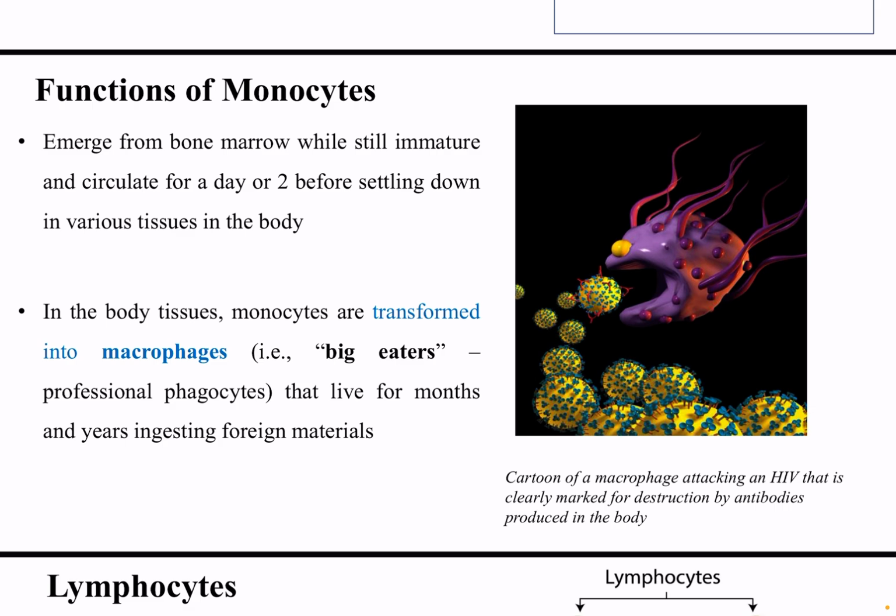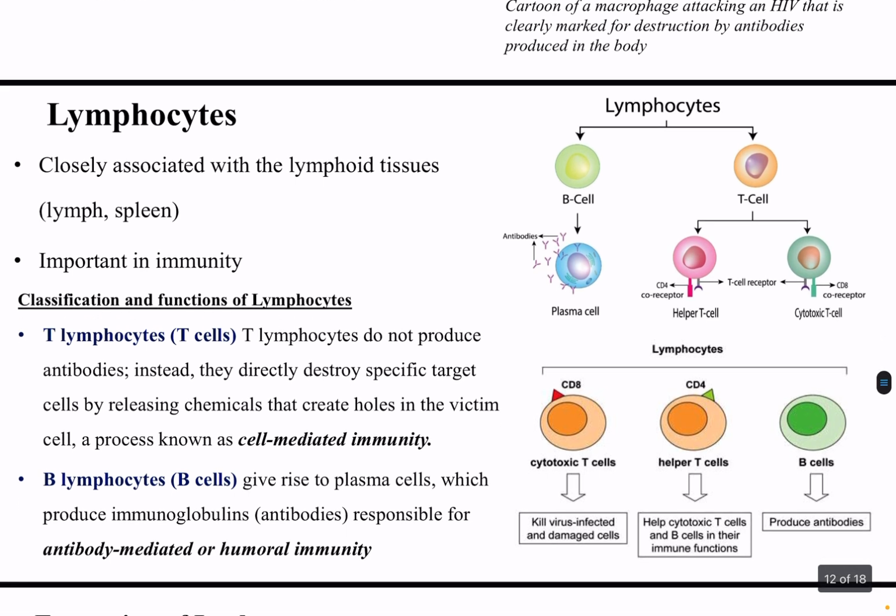The lymphocytes, as we mentioned, from the morphological side, there are two types, large lymphocyte and small lymphocyte. Both are greater in size than the RBCs. And from the functional side, there are two types of lymphocyte, the T lymphocyte and the B lymphocyte.